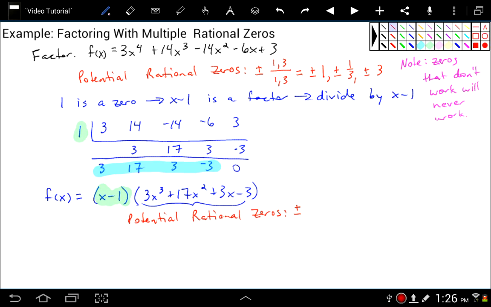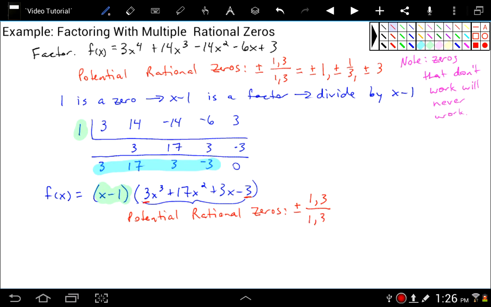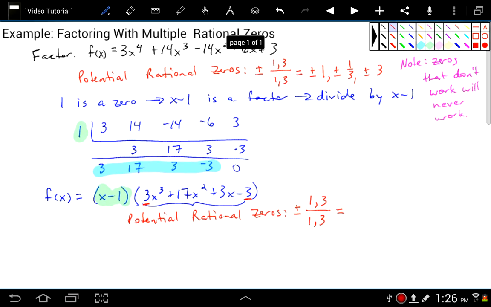But okay, again, the numerator for my potential rational zeros is 3, so I need my factors of 3, and my denominator should be the factors of the 3 in the front, so I get the same list that I had before. So plus or minus 1, plus or minus 1/3, plus or minus 3. 1 worked before, it doesn't work this time, I've already checked it.